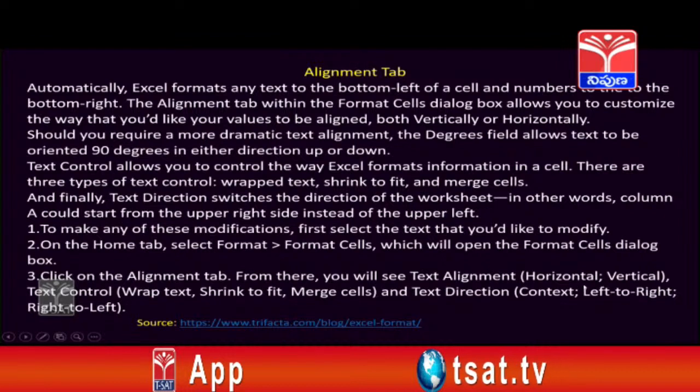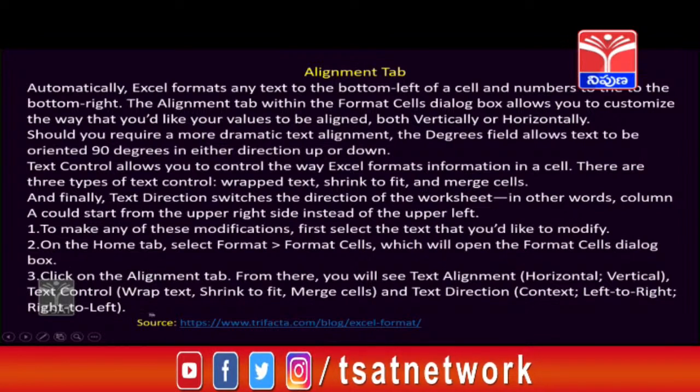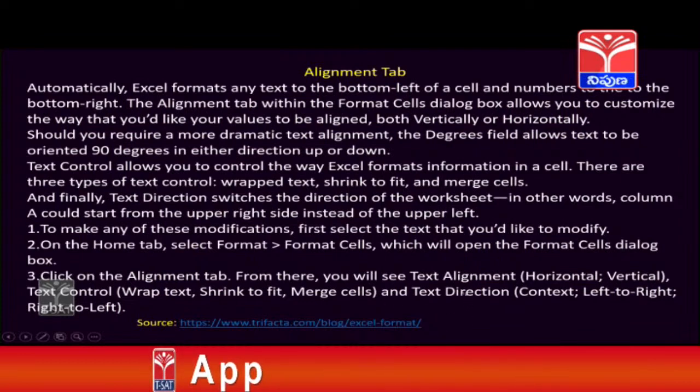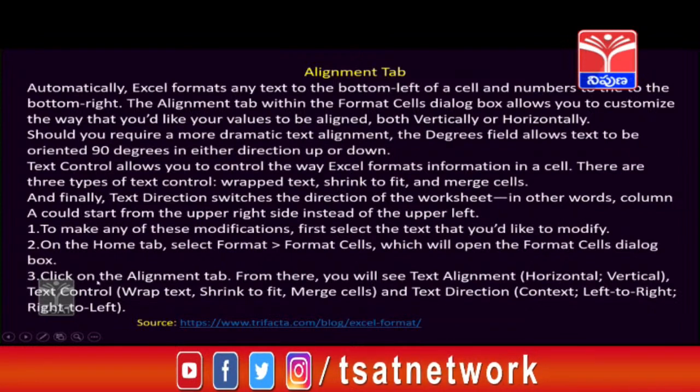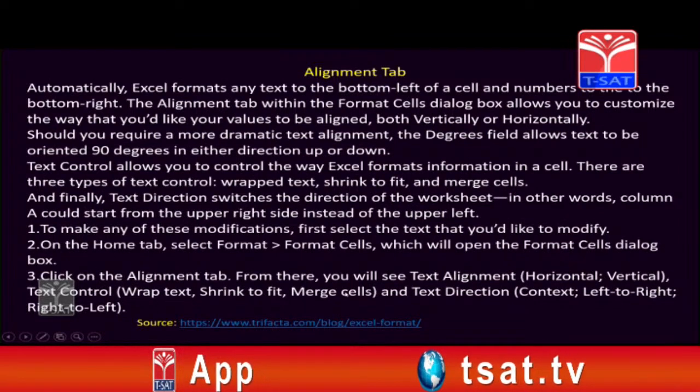So, the horizontal option, vertical alignment option, then text control options like I said, wrapping the text, merging different cells, and the text direction. So, whether you want the text to start from the left and then move to the right of the cell, or the other way around, starting from the right of the cell and moving towards the left, you can select using this alignment.